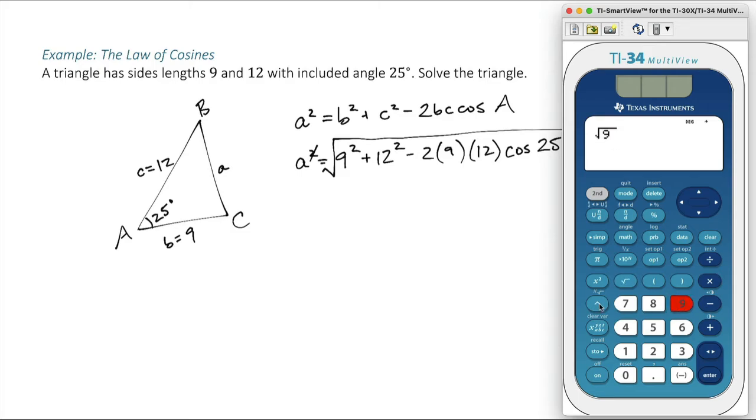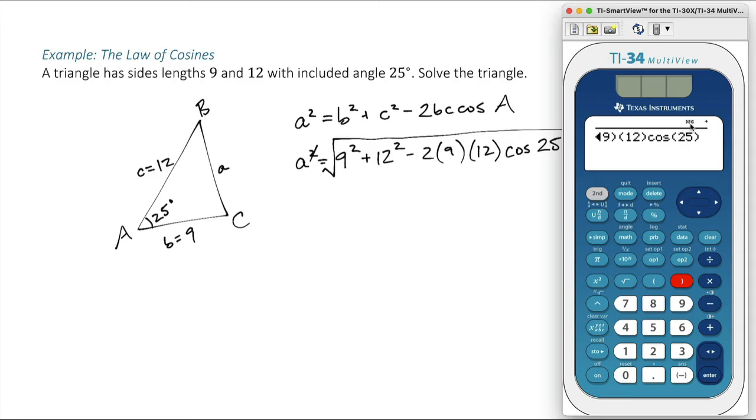Positive 9 squared plus 12 squared minus 2 times 9 times 12 times the cosine. So we'll go to our trig, cosine of 25.